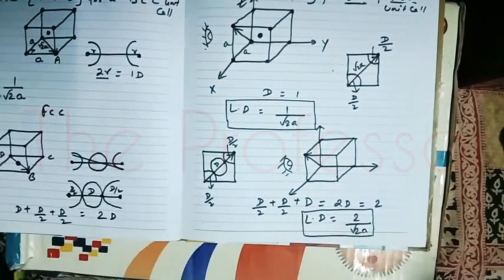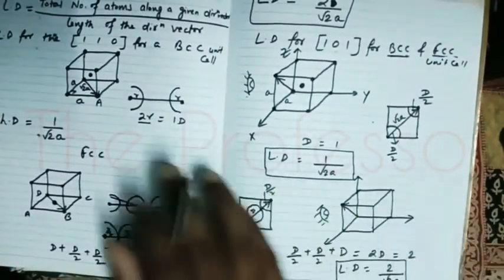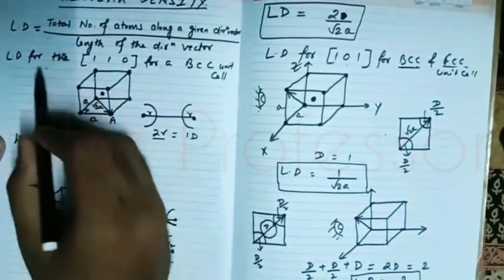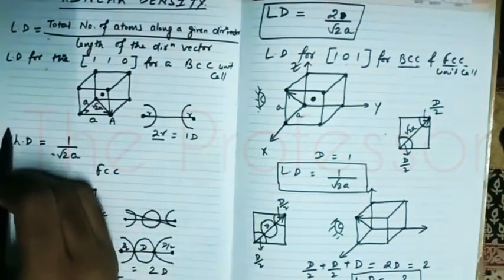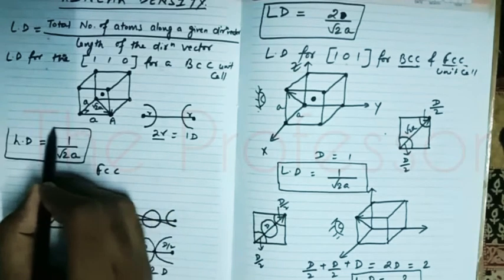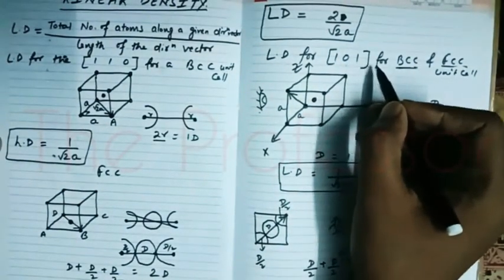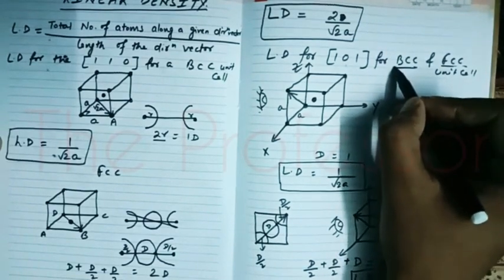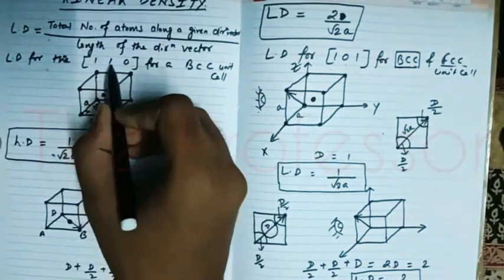Now see, there is one very interesting point. While we were calculating the linear density for this direction vector in a BCC unit cell, the linear density came out to be this much. Then we changed the direction vector. Again, the unit cell was the same, it was BCC, but we changed the direction vector from 110 to 101.